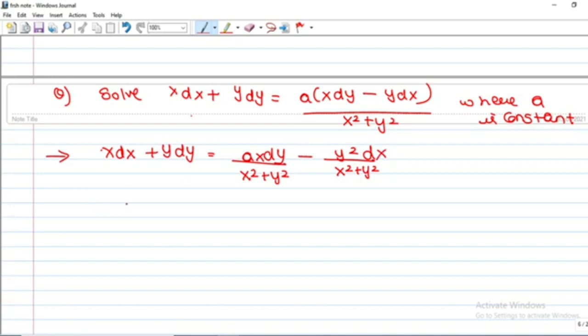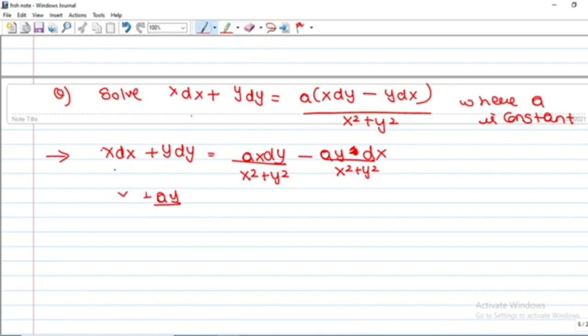Now we will move this y this side and move this x this side. Here it will be a. Sorry, I just made a mistake.